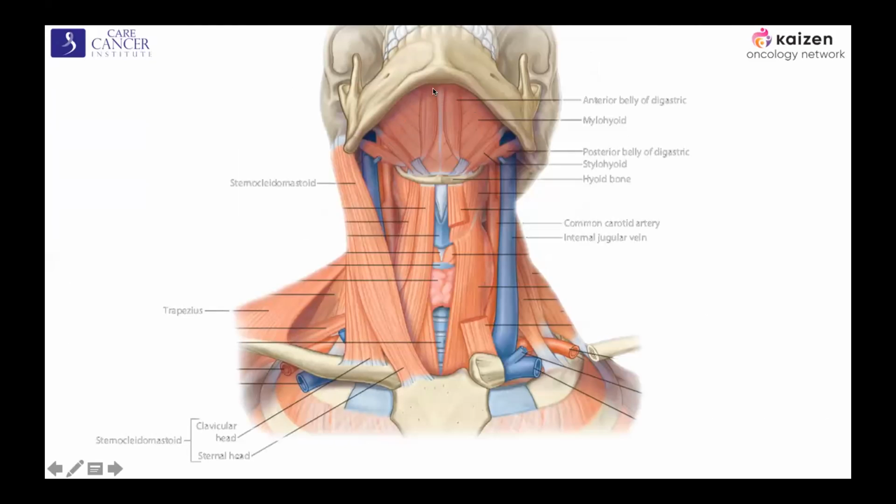Superficial to this muscle, this space between the two anterior bellies of digastric up to the hyoid bone is your submental group of lymph nodes, or your level 1A. And this space lateral to the anterior belly of digastric and medial to the posterior belly of digastric, again superficial to the mylohyoid, is your level 1B, or your submandibular group of lymph nodes.